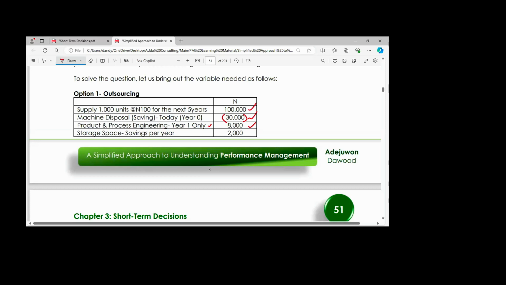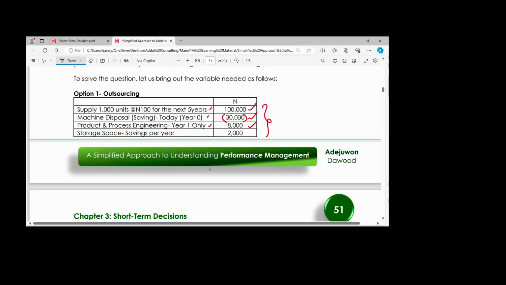So in this analysis, we are trying to identify relevant cash flows. The appropriate cost of capital given in this question is the 12% discount rate. Then the third one is the useful life, which is for 5 years. This one is for year 0, this one is for year 1.